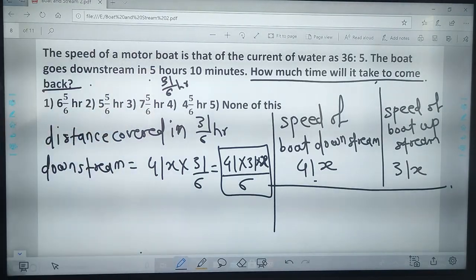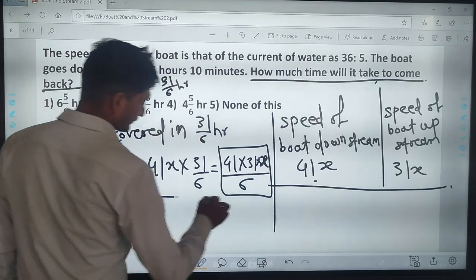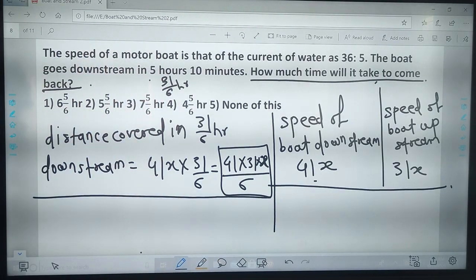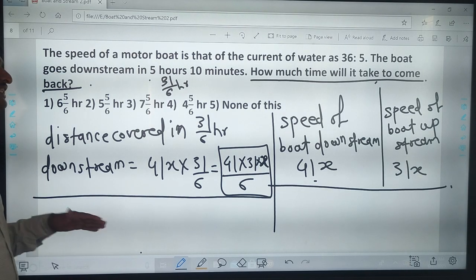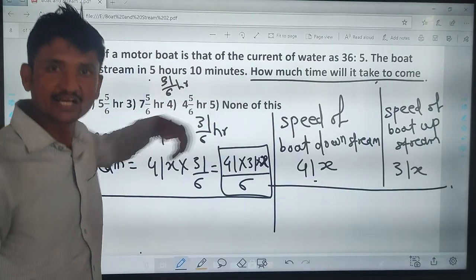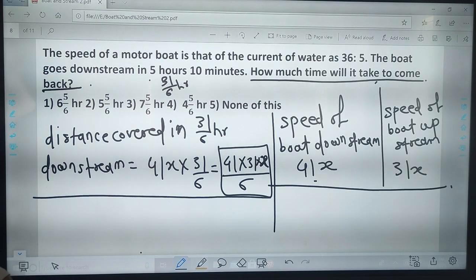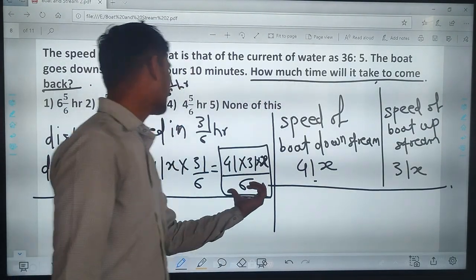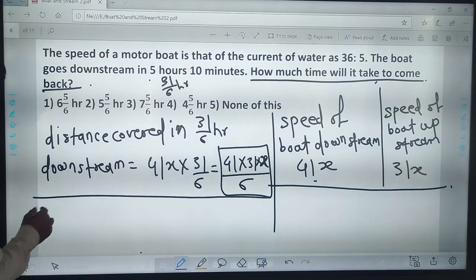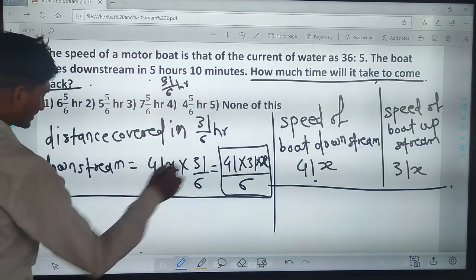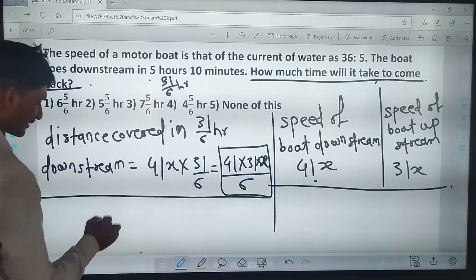Then how much time will it take to come back? Here the distance is the same. The boat goes and comes back, so the upstream distance is the same distance.